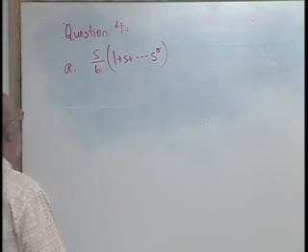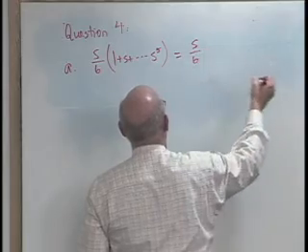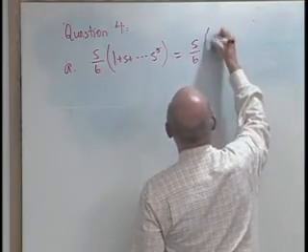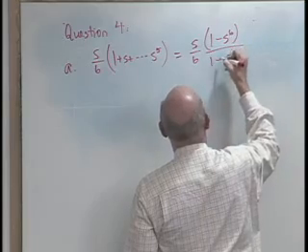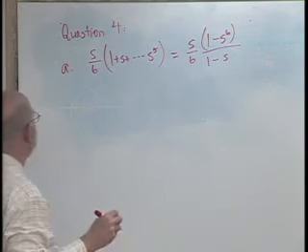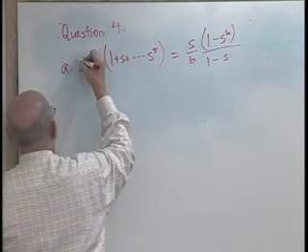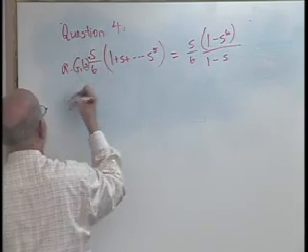That's a perfectly correct answer, but since I know what I'm going to do with this, I'm going to go right ahead and write this as s over 6 times (1 minus s to the 6th) over (1 minus s). Let's give that a name, say g1 of s.